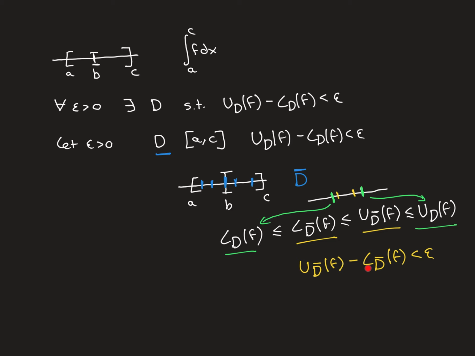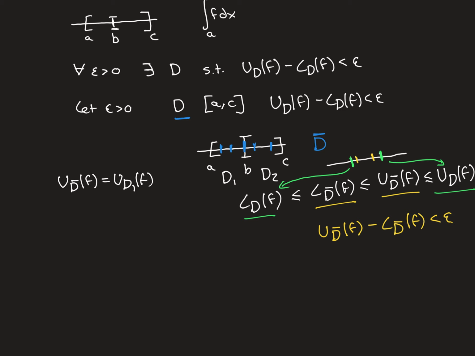By the arguments that we've given previously in this video on additivity, we know that the upper Riemann sum over D bar of F is equal to the upper Riemann sum over D1 of F, which is an upper Riemann sum for the interval AB using the D1 dissection, the points of D bar that are in the interval AB, plus the upper Riemann sum of F over D2, which is an upper Riemann sum over the interval BC.